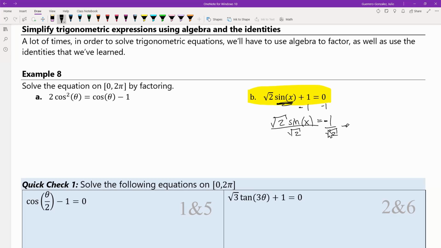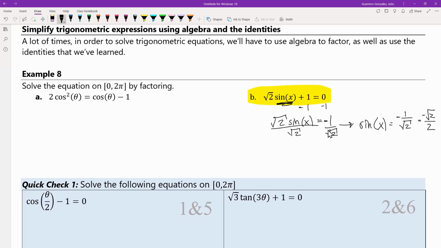This is saying sine of some angle x is equal to negative 1 over square root of 2. And if you remember how to do these, this is the same thing as saying negative root 2 over 2.